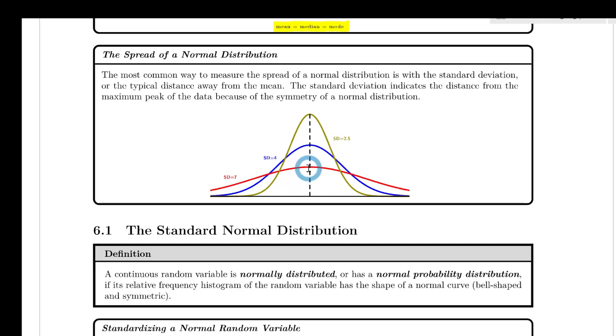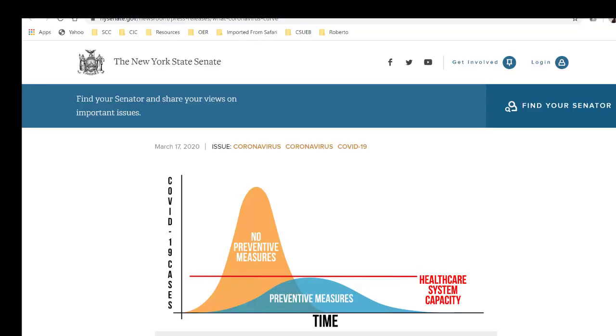So as the standard deviation increases, the mean and median go down, right? The peak of this curve reduces. So if I go back to the coronavirus curve, notice this, I need the standard deviation to become larger to flatten it, meaning this has a higher median if the standard deviation is much smaller.